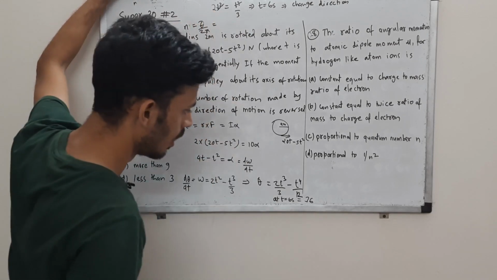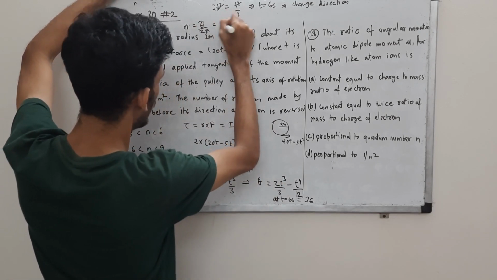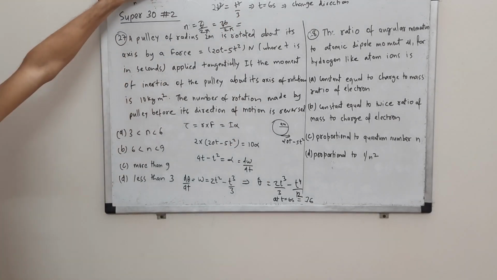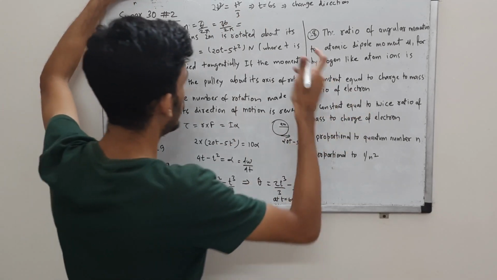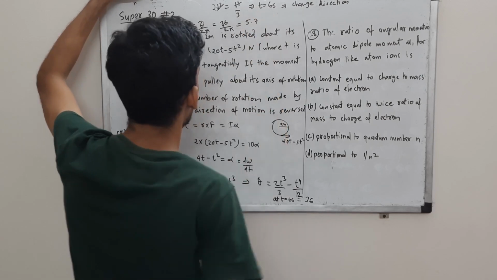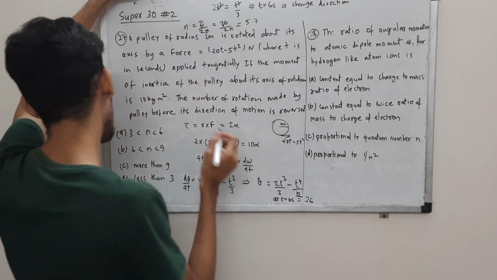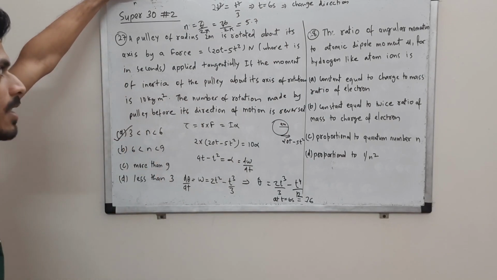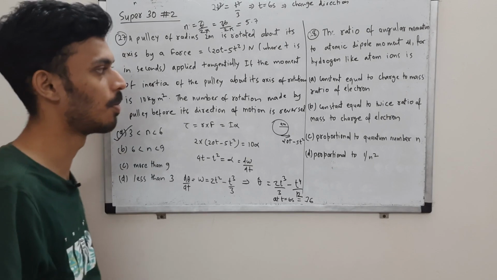So theta is 36 by 2 pi. 36 by 2 is 18. 18 by 3 point something, so around 5 point something, 5.7 maybe. So 5.7, that is between 3 and 6, right? It's greater than 3, less than 6. So that is how you approach this question.